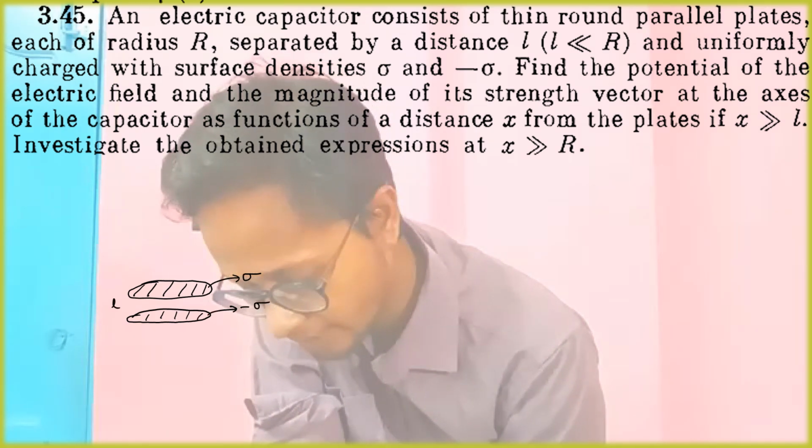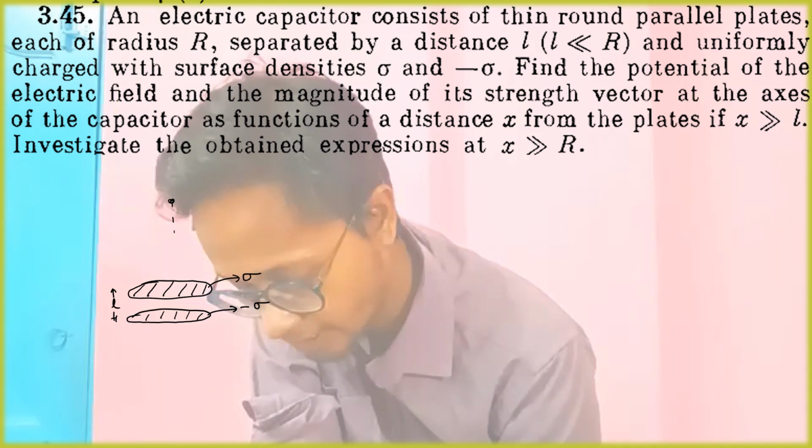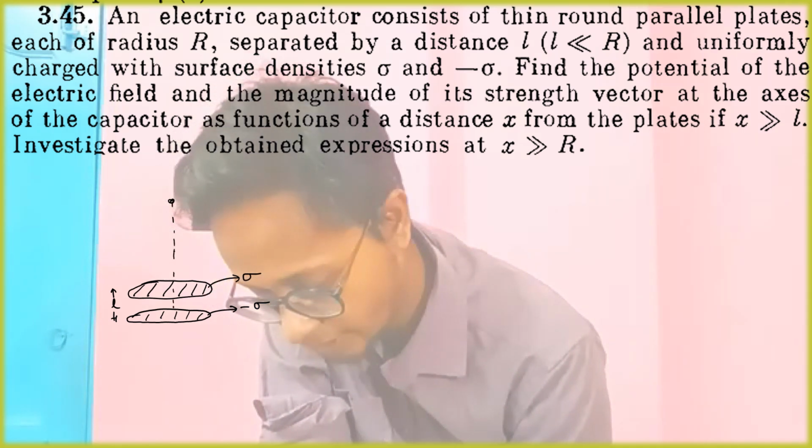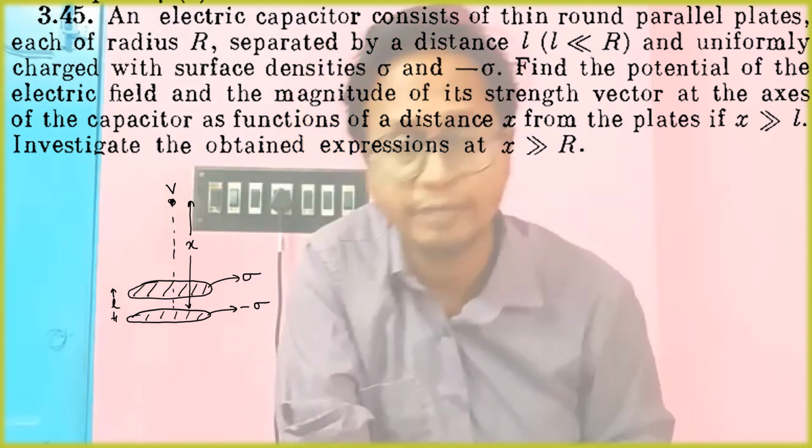They are separated by distance L. You have to find the electric field and potential at distance x from the midpoint between the plates. This is distance x.